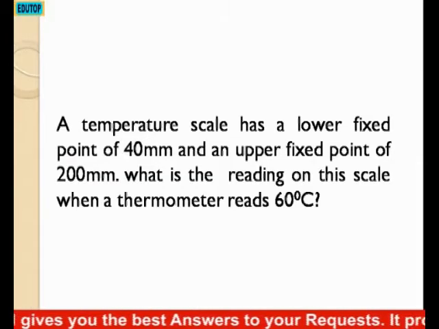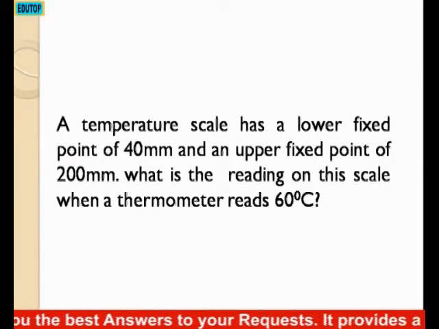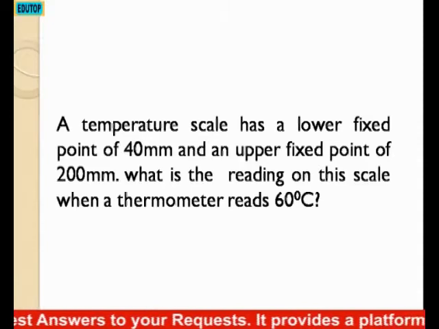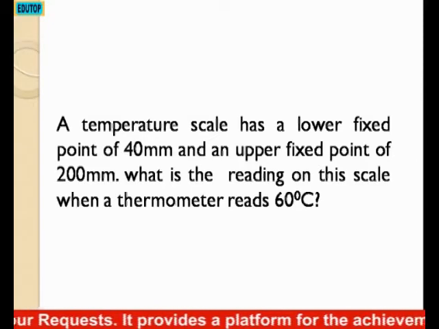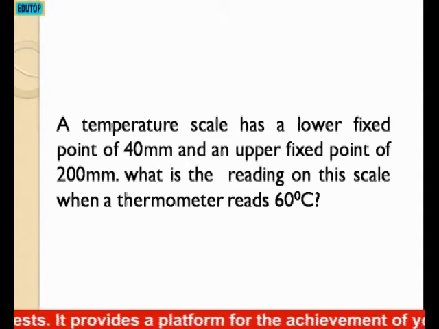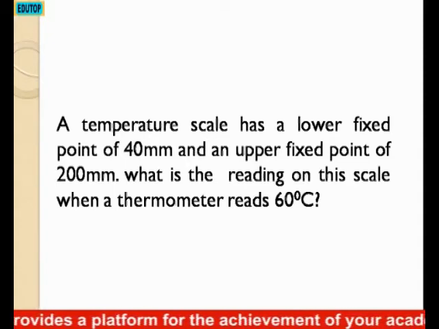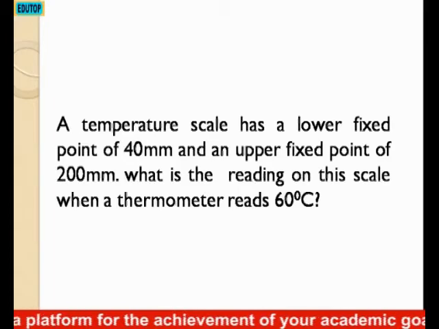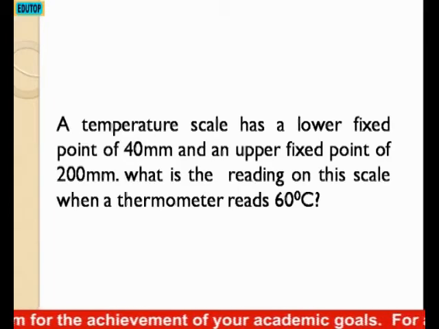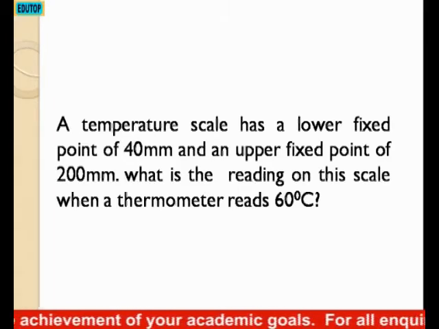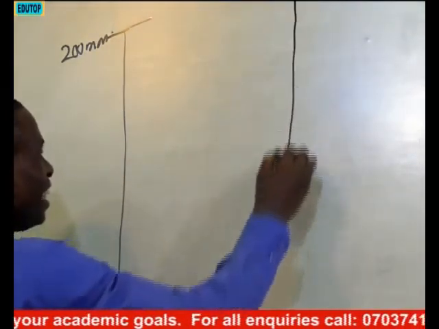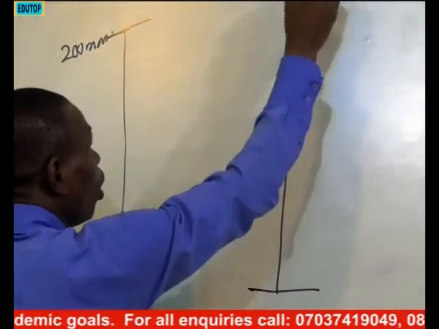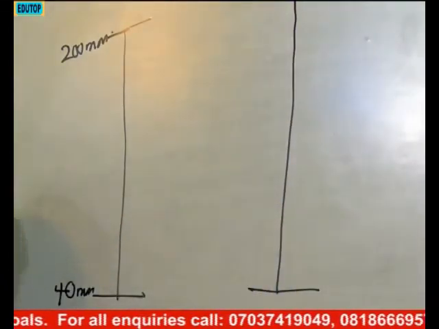A temperature scale has a lower fixed point of 40 millimeter and an upper fixed point of 200 millimeter. The question says, what is the reading on this scale when a thermometer reads 60 degrees Celsius? We are going to compare this scale to a standard centigrade, Celsius scale.